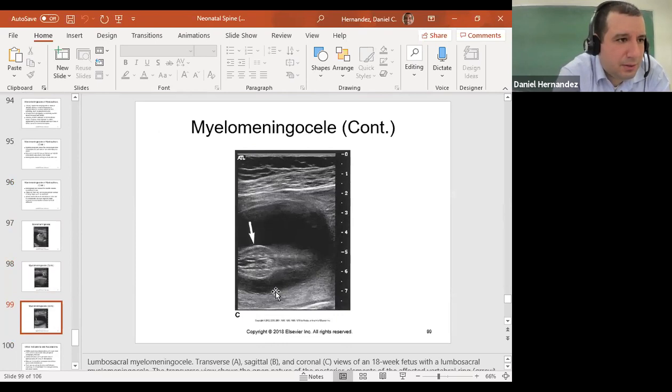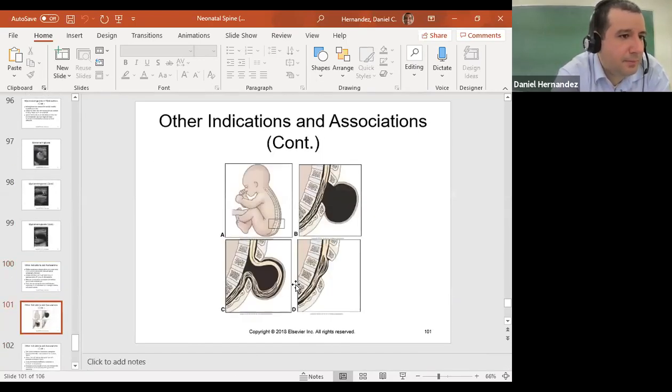So you can see this large meningocele, the fluid around it. This is a good example showing a plain meningocele with no cord within it. Then a myelomeningocele is when you have entrance of cord within that cystic area.